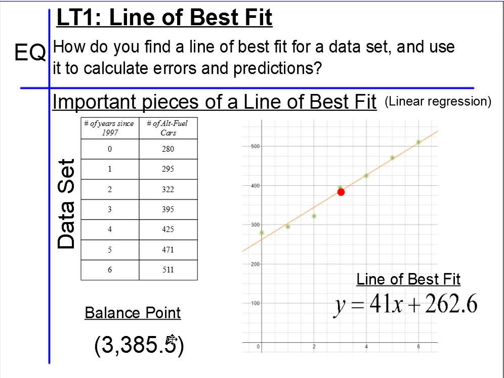We have a balance point, which is a point that is on the line of best fit. And you should always have a balance point on the line of best fit. This is very important. You should always know where that is. We have an equation for this line, y equals 41x plus 262.5. And you see that it kind of travels pretty much between all of the points.